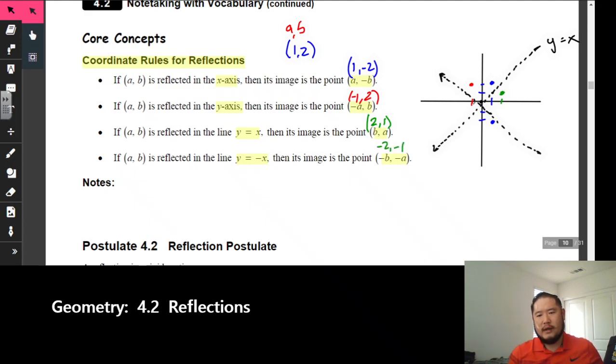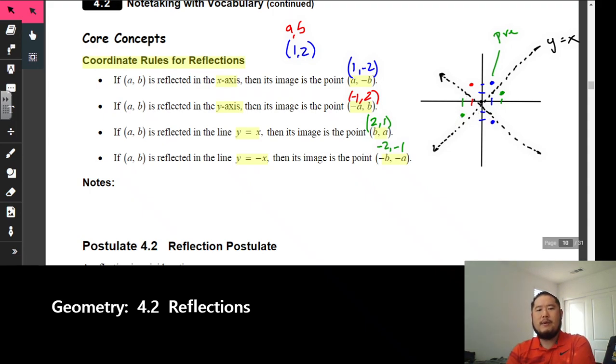So let's go right here, negative 2, negative 1 will be down here. And you can see, remember, this is our original. This is the new. Here's our pre-image. And this right here is reflecting across y is equal to negative x.